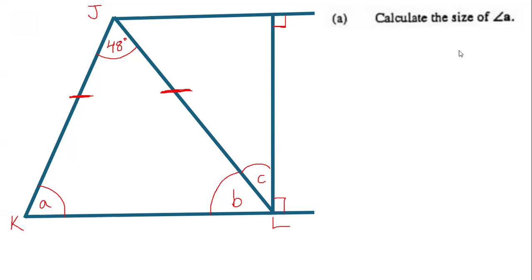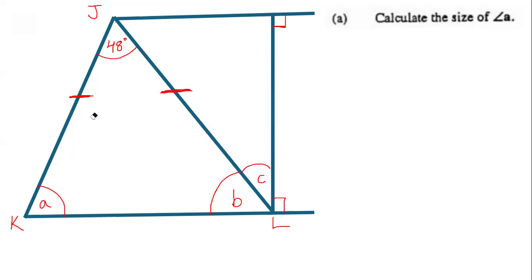All right, so the first thing we're going to do, we notice that we have the lines. The lines mean that these are equal. It means that the sides are equal.